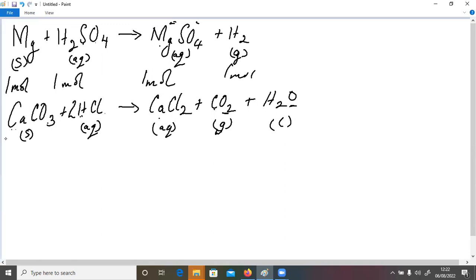So this tells me that 1 mole of calcium carbonate reacts with 2 moles of HCl to give 1 mole of calcium chloride, 1 mole of carbon dioxide gas and 1 mole of water molecules.